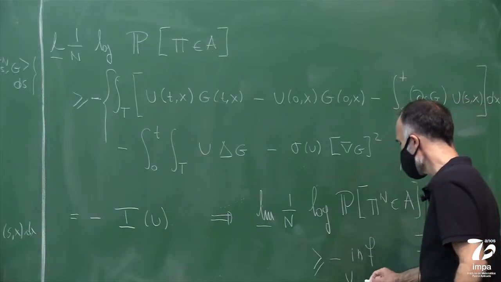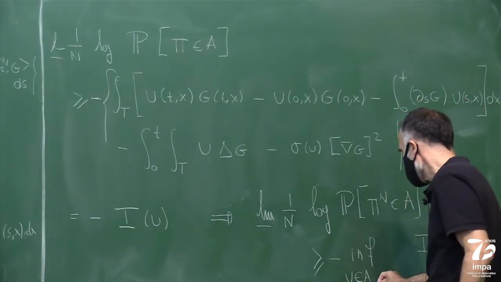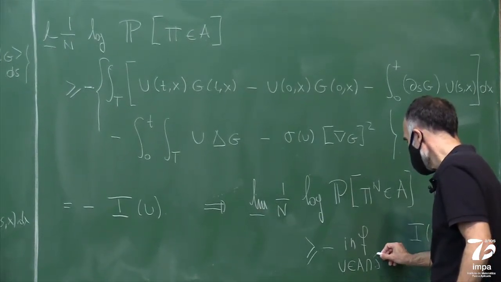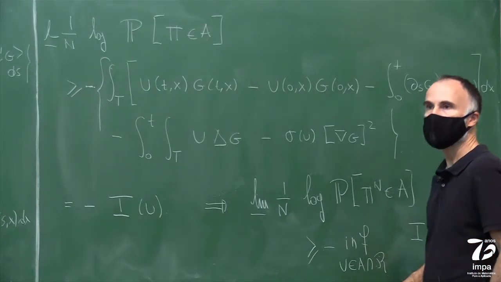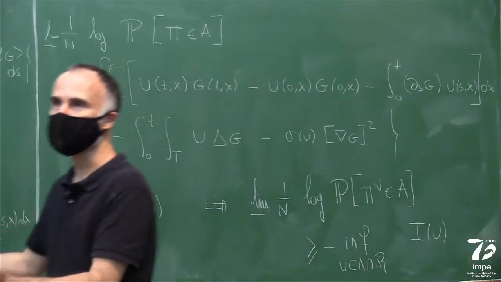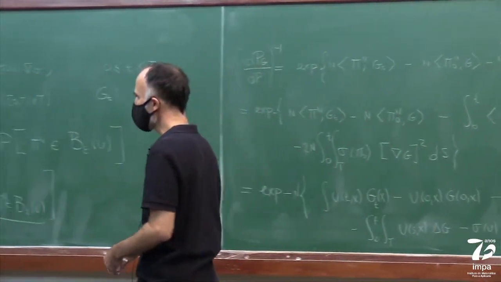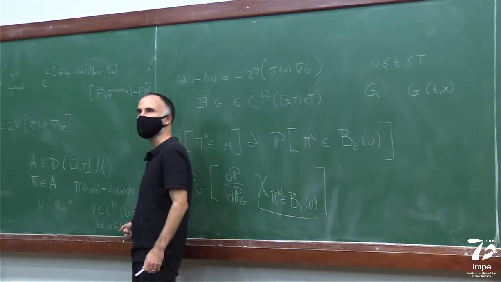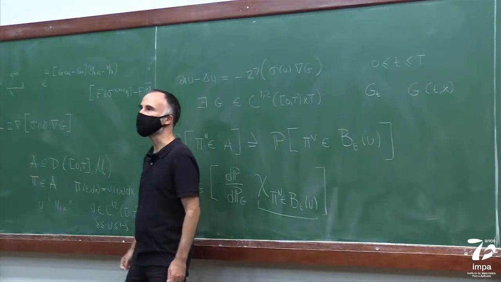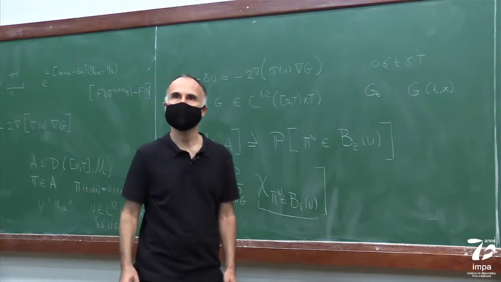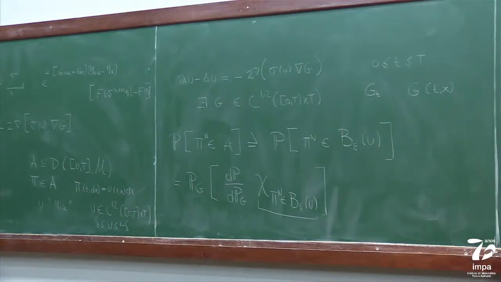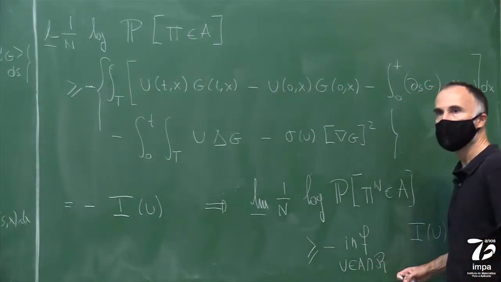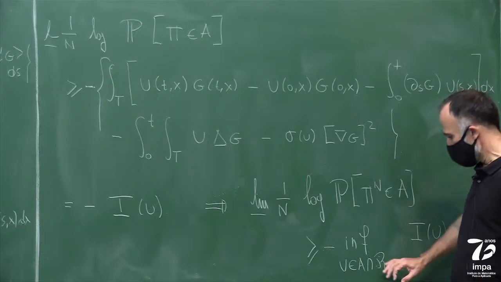But these u are in A intersection, let me call that R, where R is the set of very nice trajectories. So trajectories for which there exists a delta such that u is bounded between delta and 1 minus delta, and such that u is C^{1,2}. This is not exactly what we want, right? What we want is to remove this R.